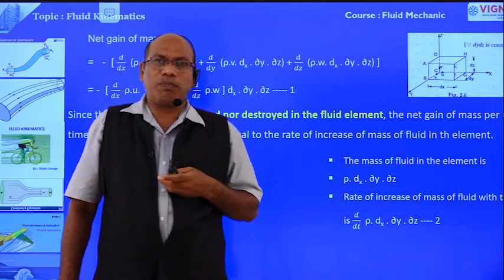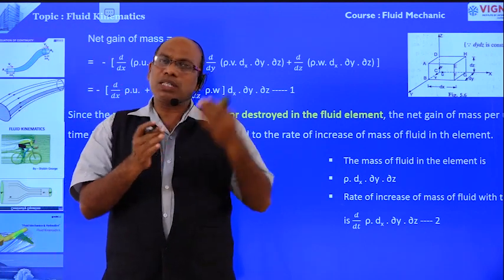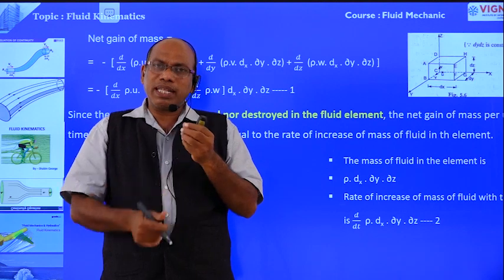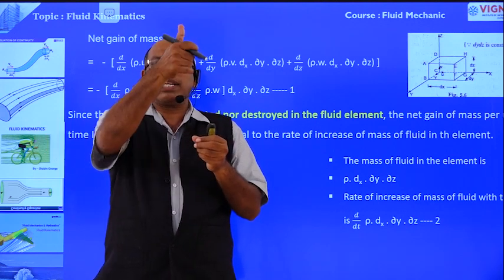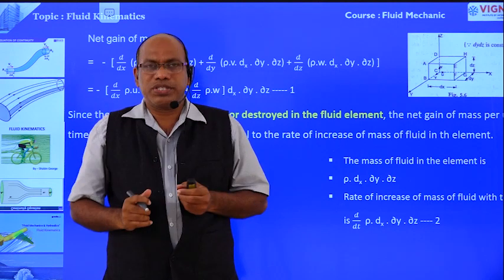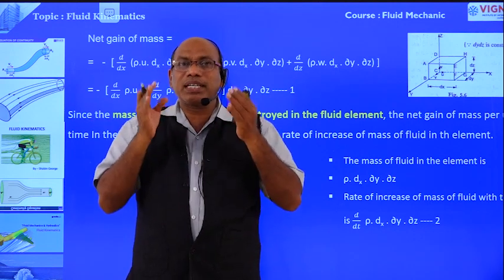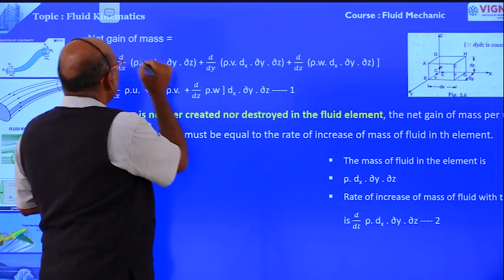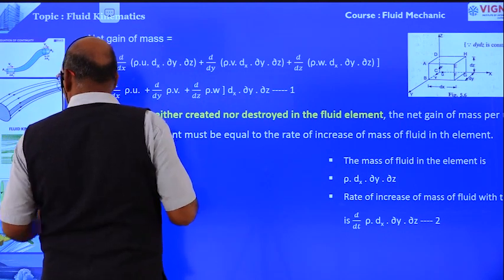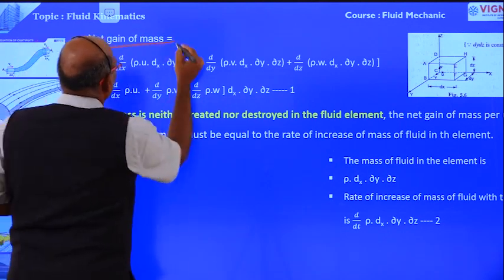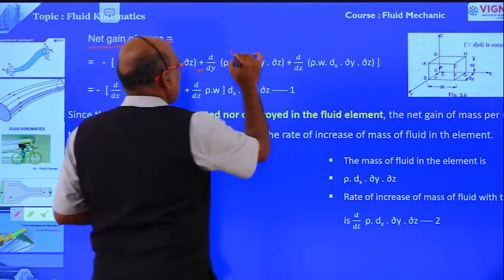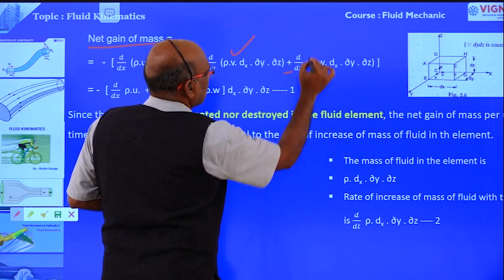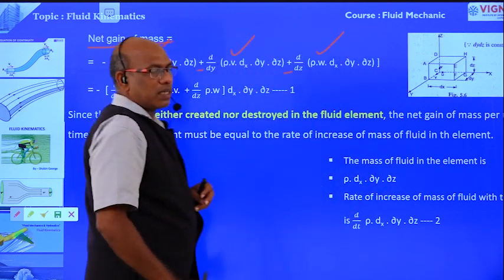Right? Net gain of mass. What is the net gain of mass? We have gain of mass already derived in the x direction, the y direction, and the z direction. Net gain of mass is equal to gain of mass in x direction plus gain of mass in y direction plus gain of mass in z direction. Right?